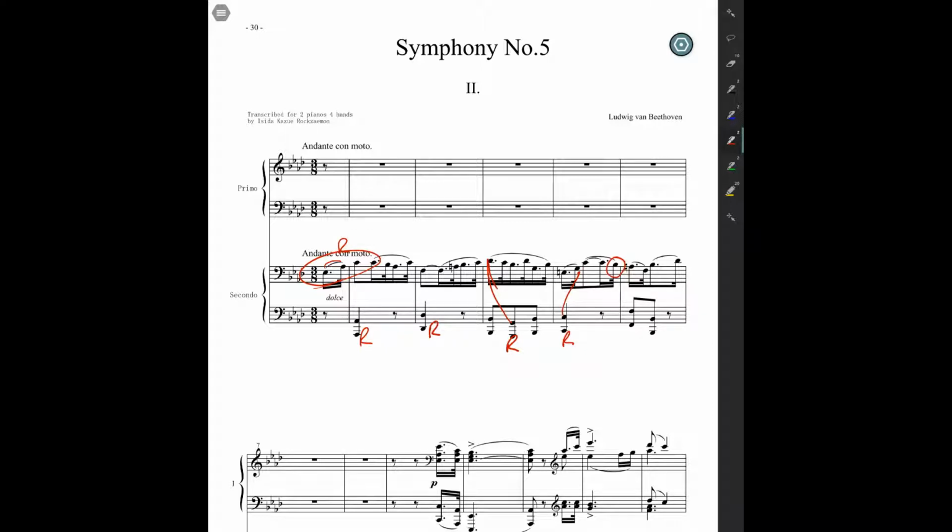Measure after that has only an F and an A. So FAC is much more convincing than D flat FA natural, which would be an augmented triad. So we'll take the F as our root. B flat and D, our root is B flat here. In the next measure, our root is E flat for the same reason, then A flat.